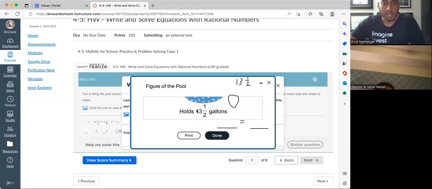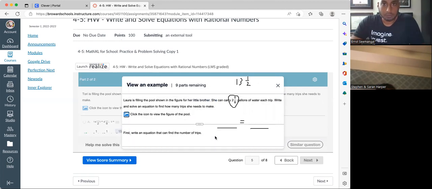Okay, so where does the 13 and a half go? Does it go here or does it go here? Does it go on the left or the right? I mean the left. It goes on the right because it has to be the answer. That has to be the answer, so it goes on the right.